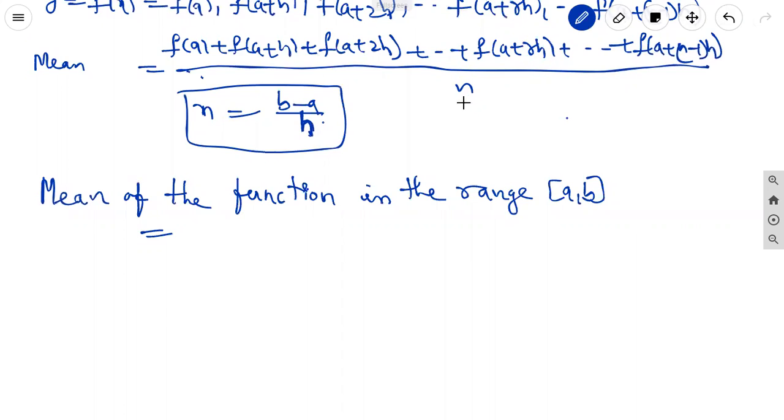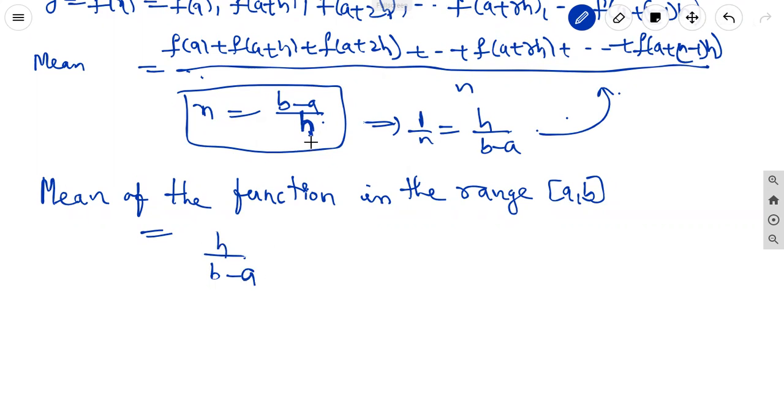Here denominator n is there. So from this we can write 1 by n is equal to h by b minus a. This value is substituted in the above. So mean is equal to h by b minus a.